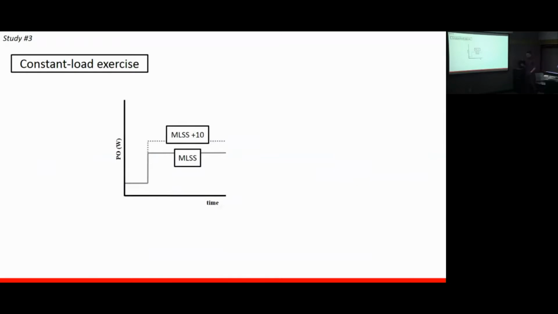And then if we want to translate these findings into constant load exercise, I said before that this HHB breakpoint was associated to this maximal lactate steady state. MLSS is the highest intensity of exercise at which we can exercise, maintaining metabolic stability.